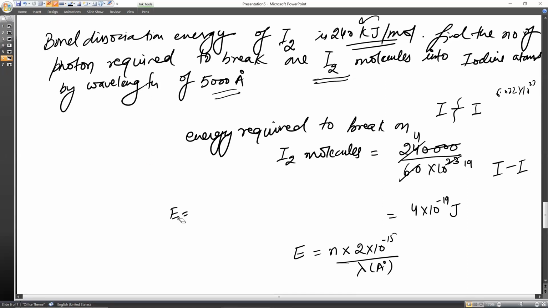So that is 4 into 10 raised to the power minus 19 is equal to n into 2 into 10 raised to the power minus 15 upon, if it is in angstrom, it is 5000.